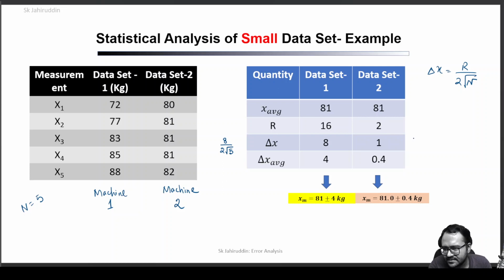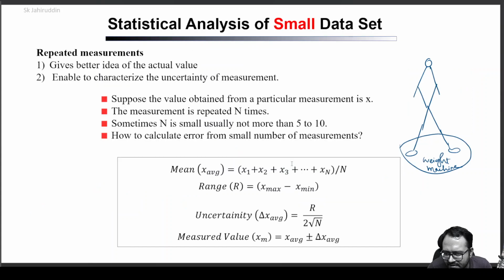Sorry, not 8, your r is 16, so it's 8 by root 5. And here it is 2 by 2 square root of 5. Approximately I get it in a round figure. I got it wrong.